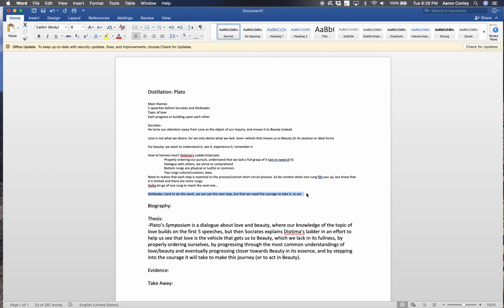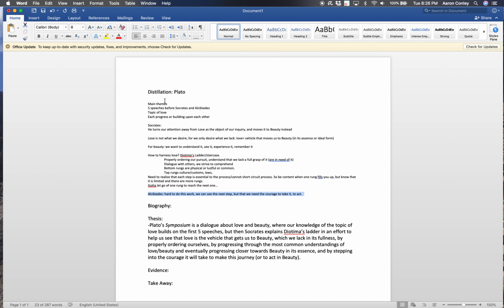And he knows this, he can glimpse it, but he lacks the courage or the drive to harness love, to take that next step, to let go of one rung of the ladder and move up the next one. And that indeed is why Alcibiades is emblematic at the end of this dialogue of someone who sees the good but has a little bit of trouble doing it or enacting it in his life.